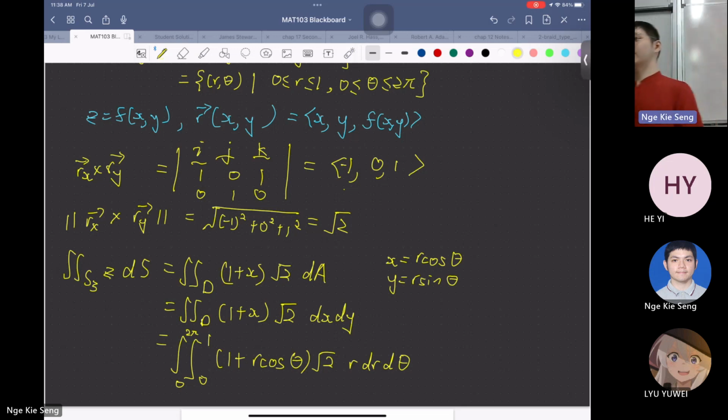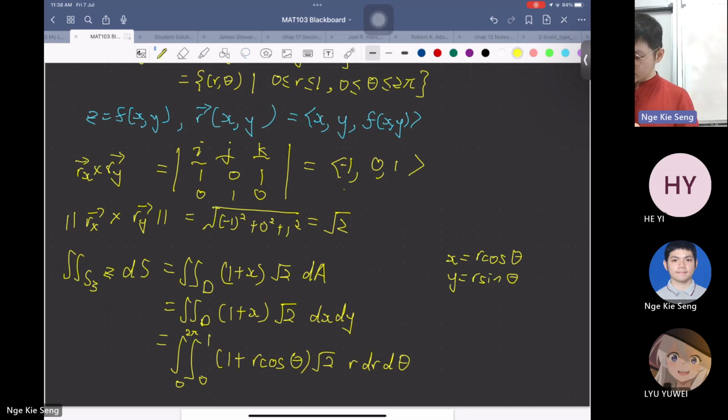Why did we introduce a Jacobian twice? The first Jacobian is for the parametric surface. So the first one is the Jacobian factor for a curved surface.